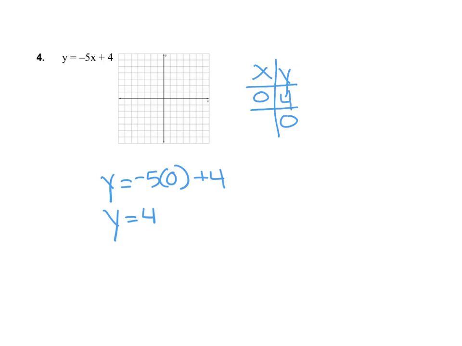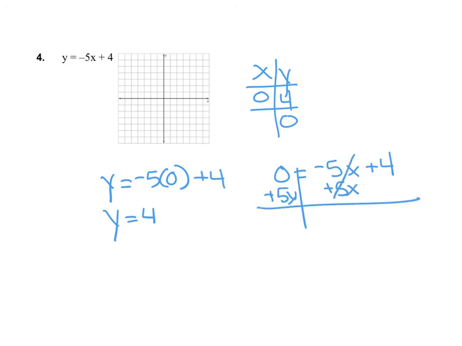Then when we go to find our x-intercept by plugging in 0 for y, we're going to have 0 is equal to negative 5x plus 4. All right, so now basically it's like we have everything on one side of our equation. We don't want that. So let's bring this 5x over. And now we have 5x is equal to 4.